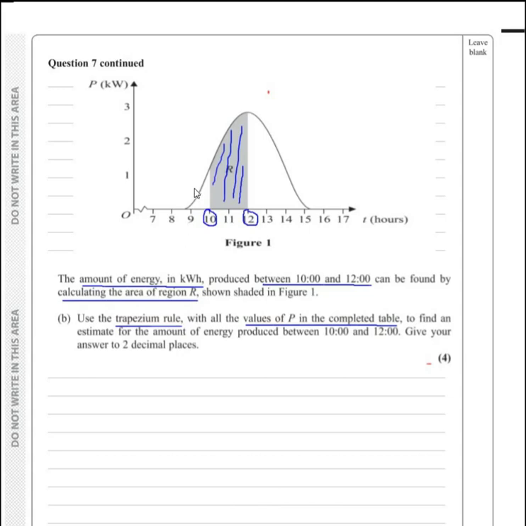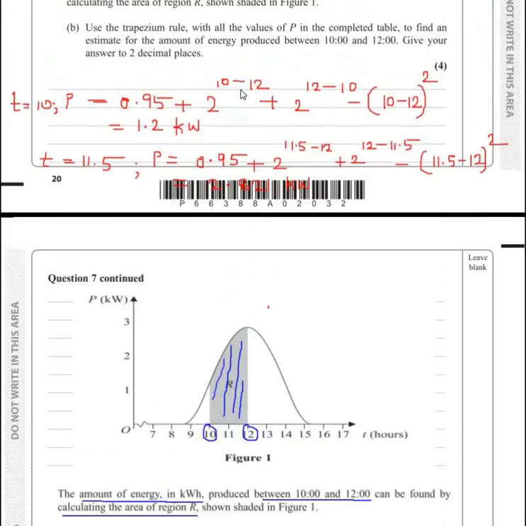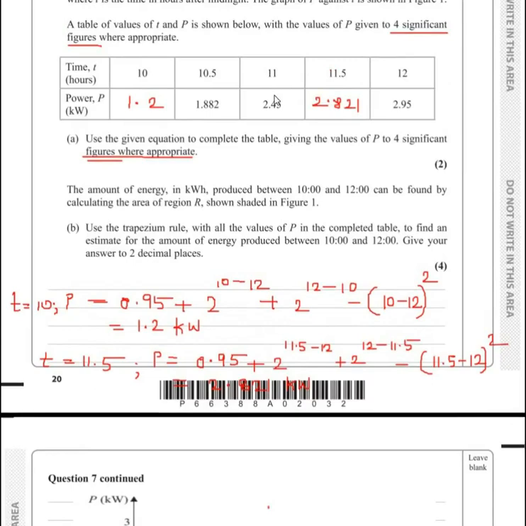So here, first of all, we have to make use of this given curve, the area under the curve between 10 and 12 time, and then we have to use the trapezium rule to find out the area. So now we will use the previous table which we have written over here.